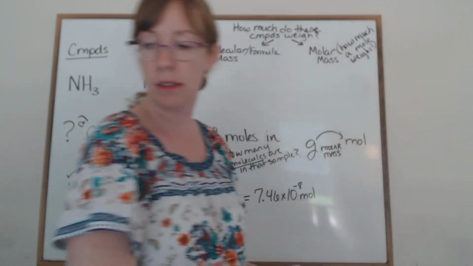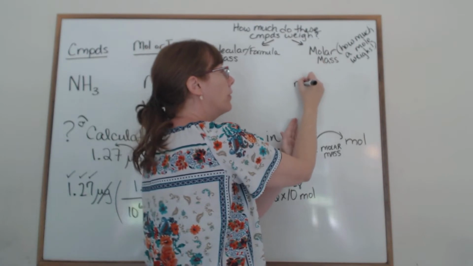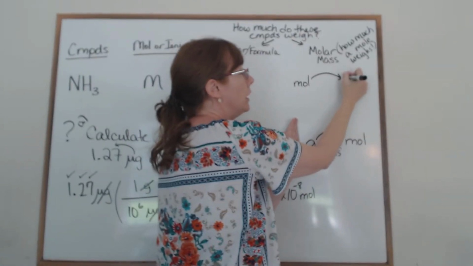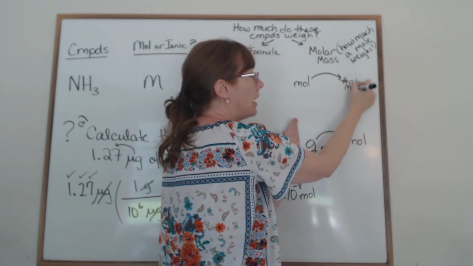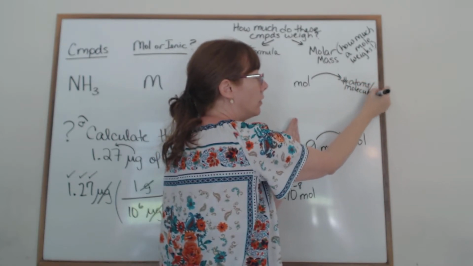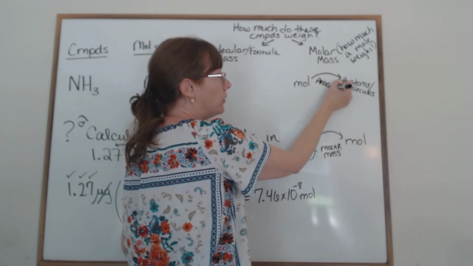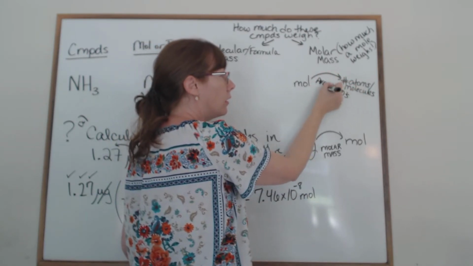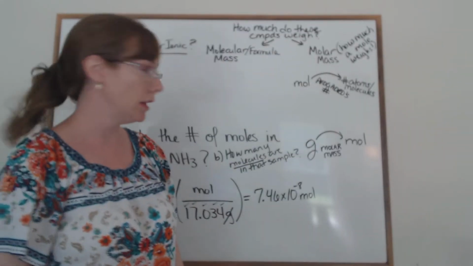So there's this little cheat sheet thing here. Anytime you're going from moles to either number of atoms or number of molecules, it can be either, just depending on what you do. What I use and what you should use is Avogadro's number. That's how you go from moles to number of atoms or molecules.